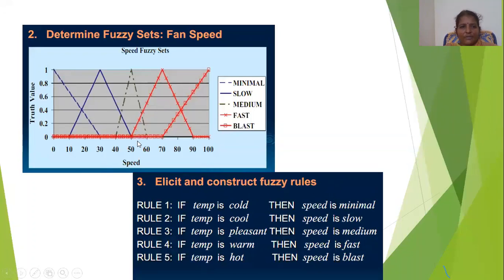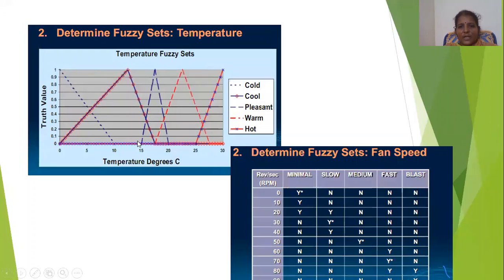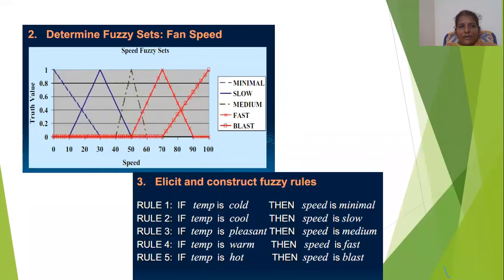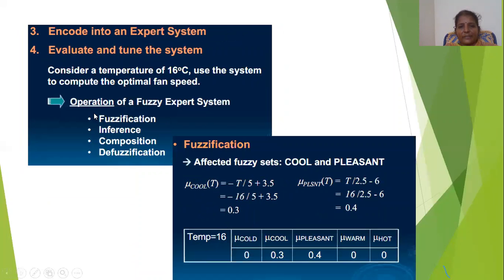Here you can visualize that corresponding to 16 degrees centigrade, the linguistic value is 0.4 for temperature. Similarly, for fan speed, the linguistic value is 0.3.